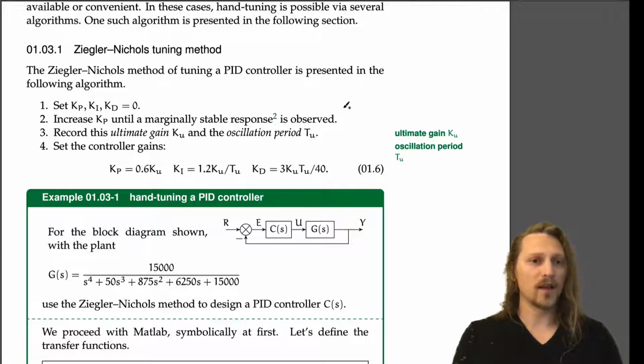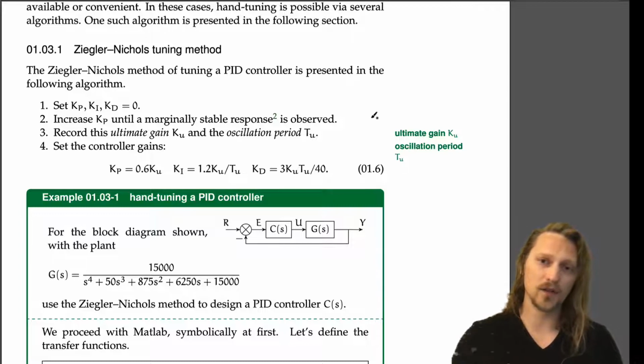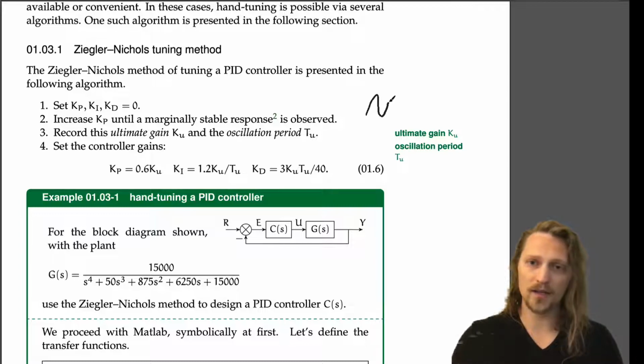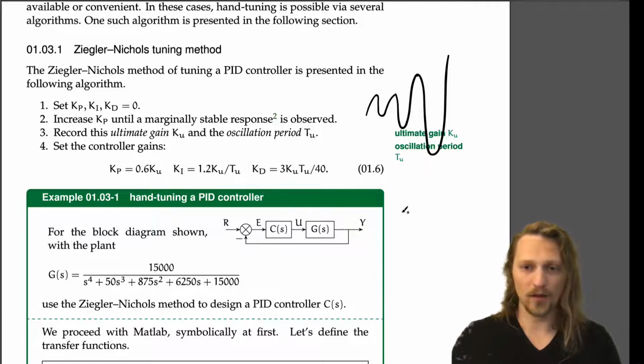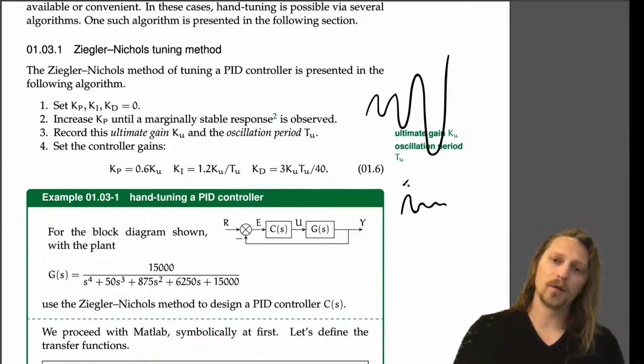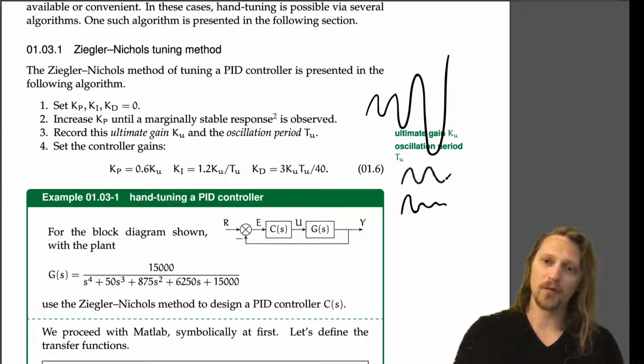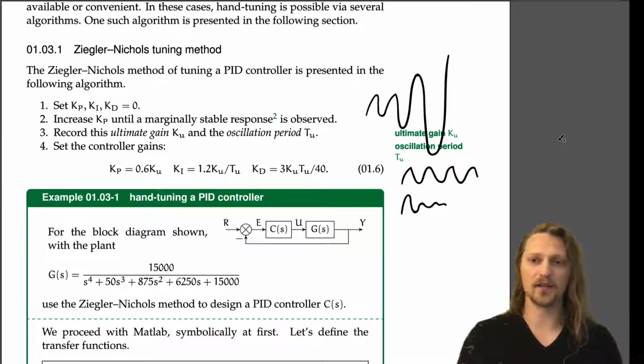If you increased that proportional gain any more, it would go from a steady oscillation to an increasing amplitude oscillation, which would be unstable. Stable is one that decreases in amplitude. We want to be right in between.